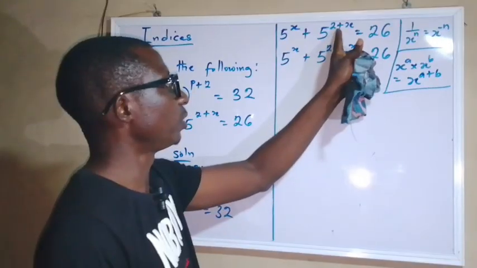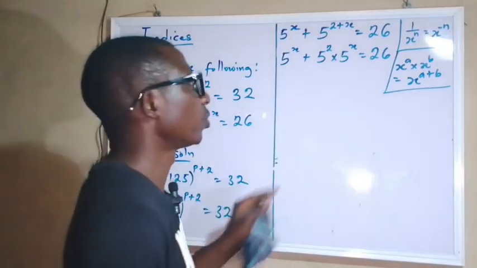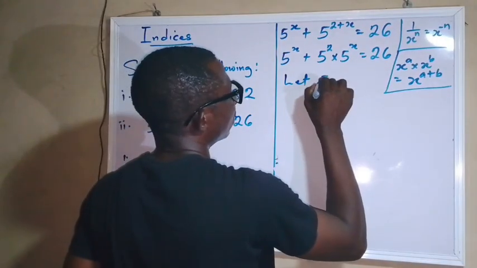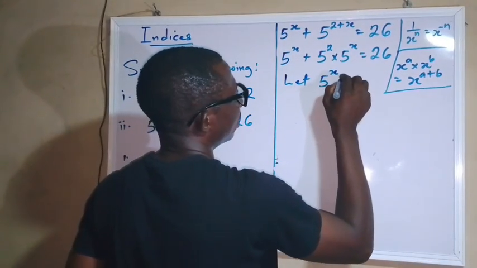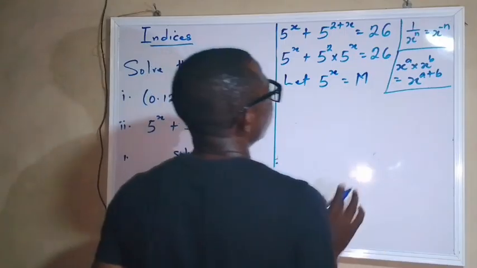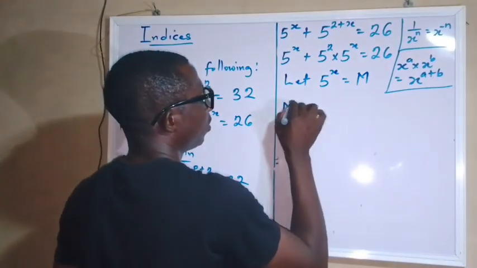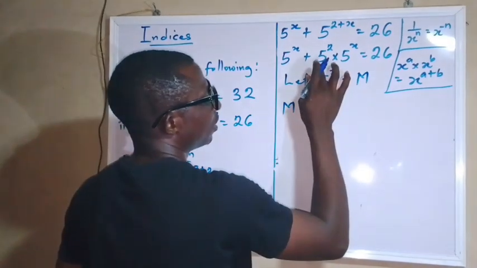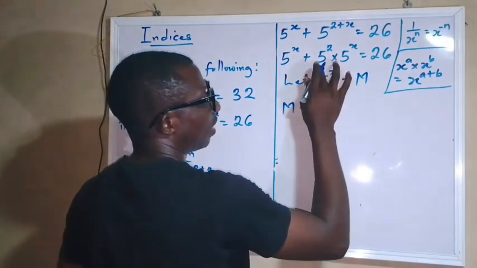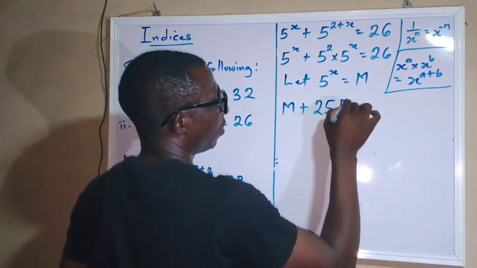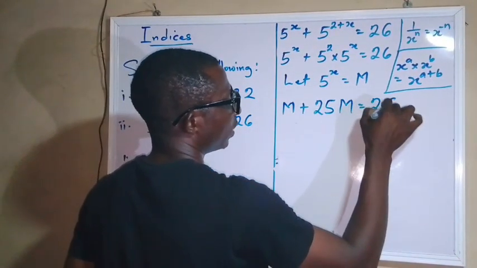We can now say, let 5 raised to the power of x equal m. So this equation now turns to m plus 25m equals 26, since 5 squared is 5 times 5, that's 25.